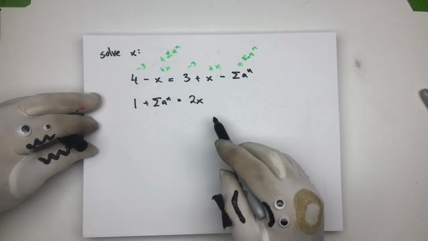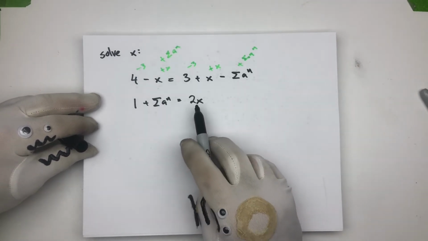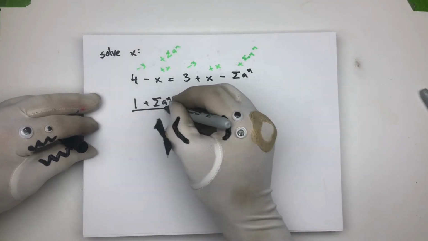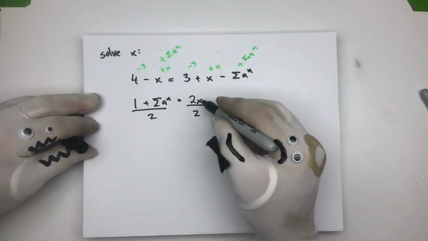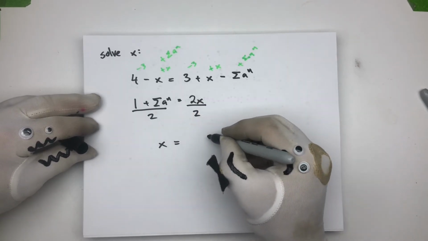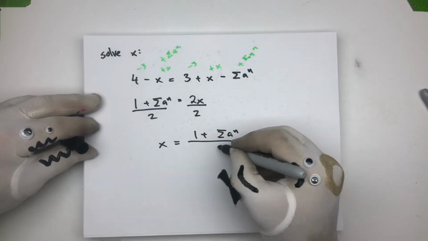There is pretty much it, but now I have this coefficient here, and I have to get rid of it. So now we divide by the 2, after you bring all the x's to one side. I'm also going to flip the equation. So x is equal to 1 plus summation of a to the n, all over 2.